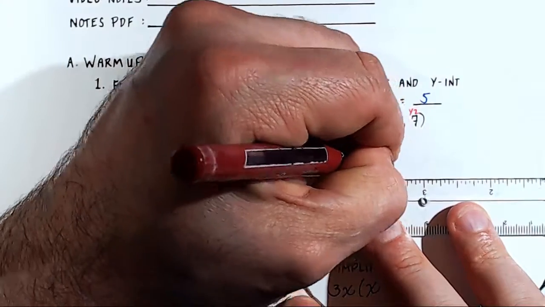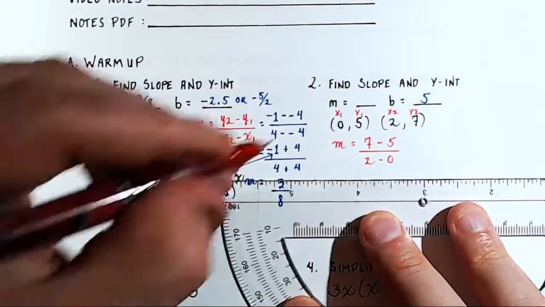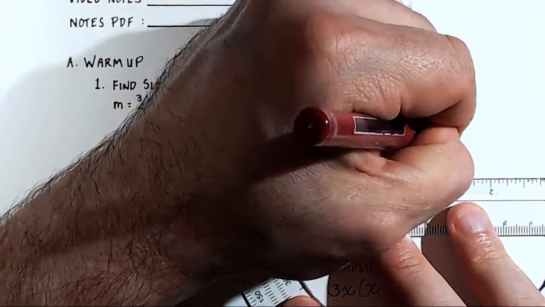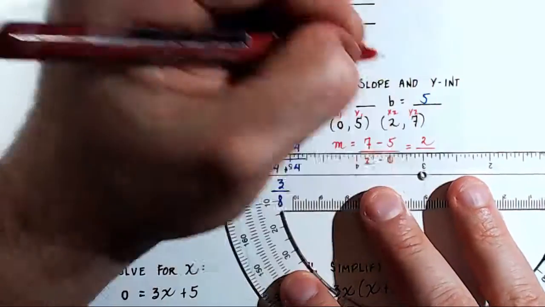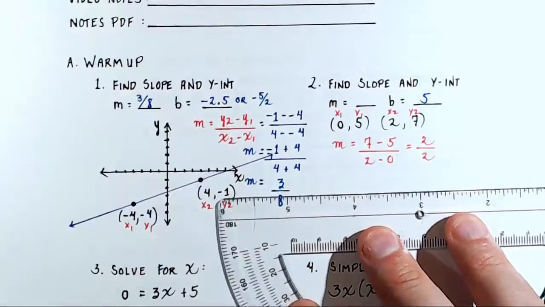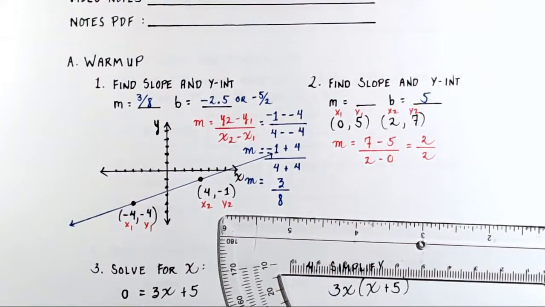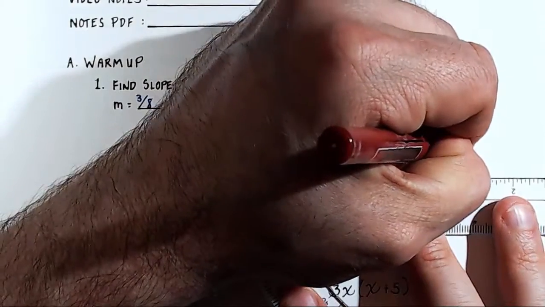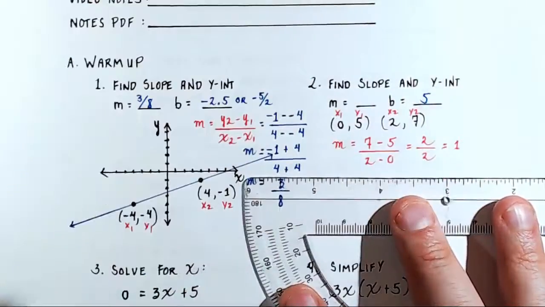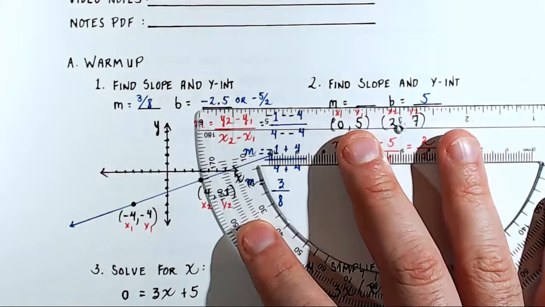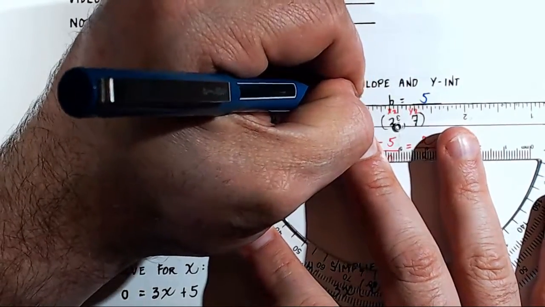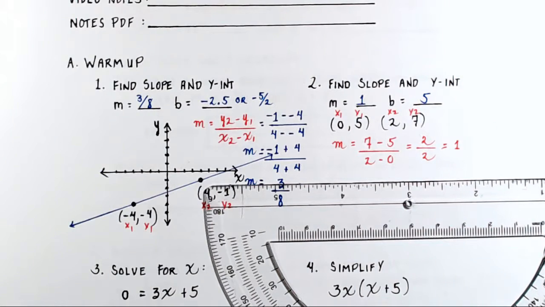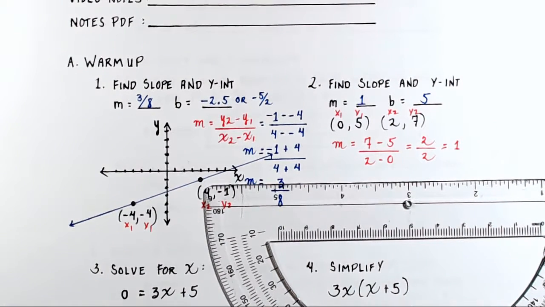So what does that equal? That equals 2 over 2. And so 2 over 2 reduces down to 1. So the slope is just 1. And that would be a rise of 1 and a run of 1.